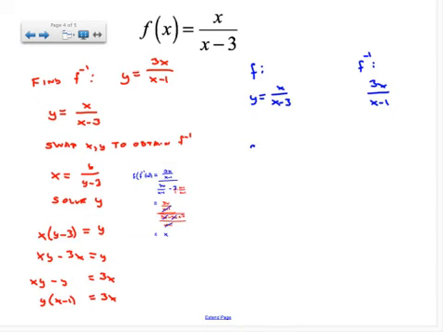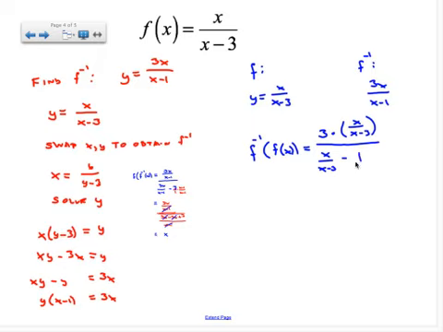Now let's test it the other way. The other way says that if I do f inverse of f, I should also get x. This is how we verify it. So f inverse says take my input, multiply it by 3. So 3 times my input, which is x over x minus 3, over my input, which is x over x minus 3, minus 1.